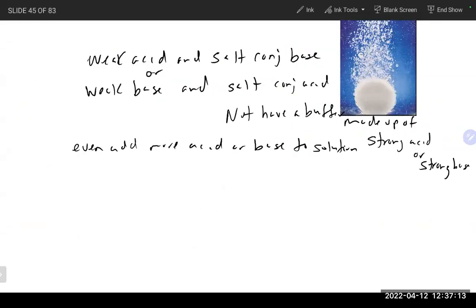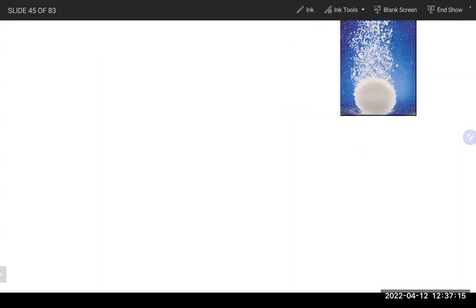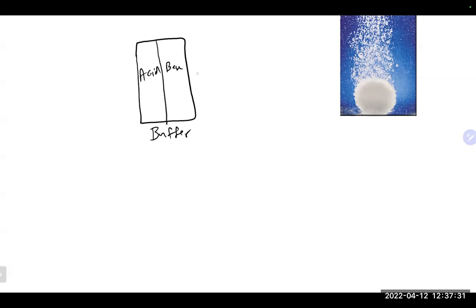So what we do see with this is this sort of situation. If you have a buffer, say this is our buffer. And again, there's sort of an acid part to the buffer and a base part to the buffer. When you add more acid to the buffer, some of the base is going to be used, but you will generate more of the acid part.